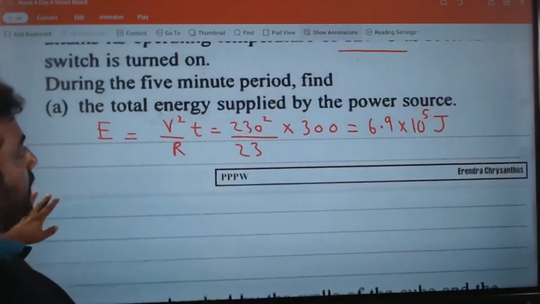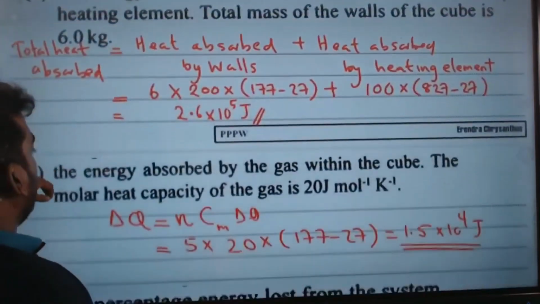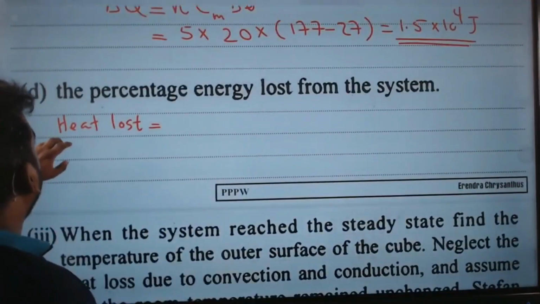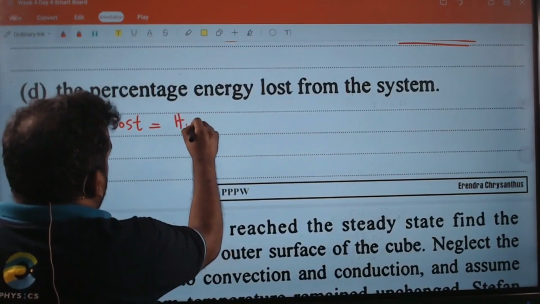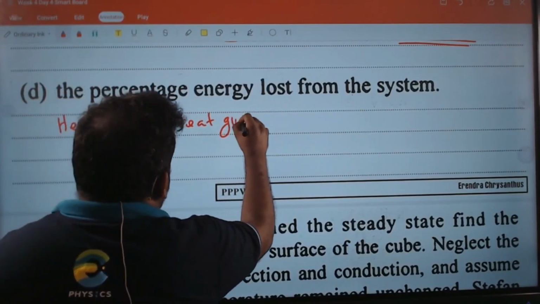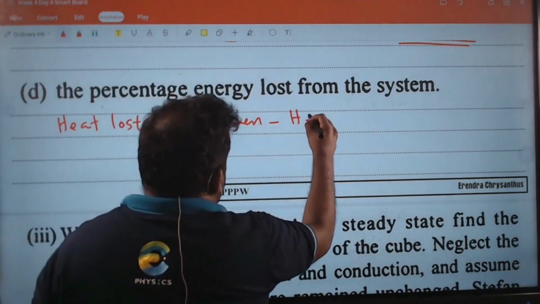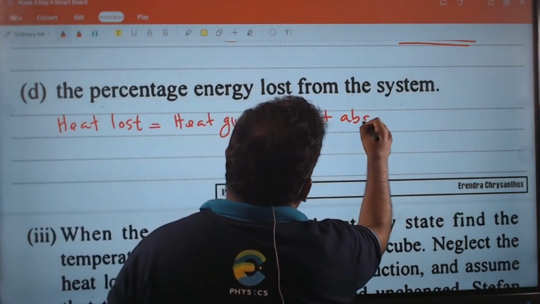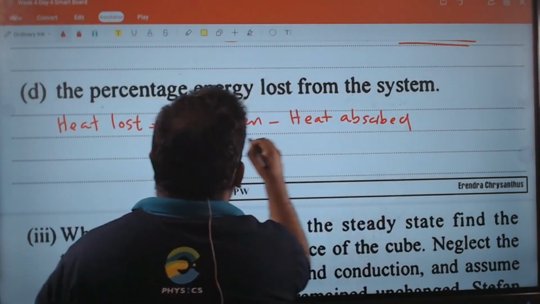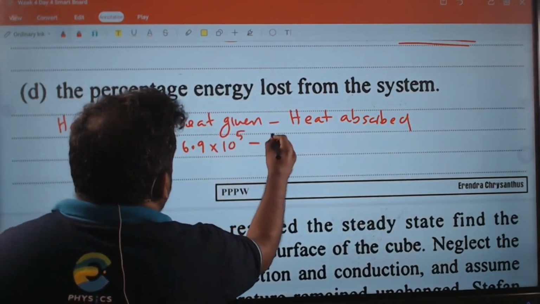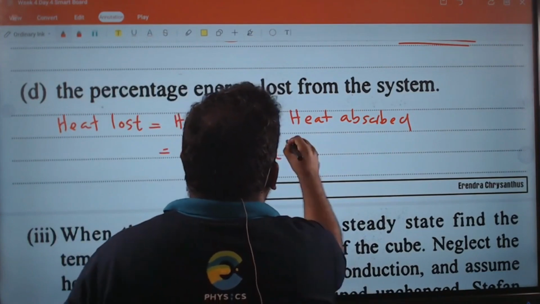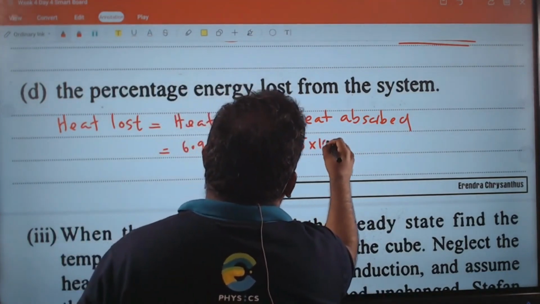Heat given we have found earlier: 6.9 10 to the power 5 minus 1.5 10 to the power 4 by the gas.